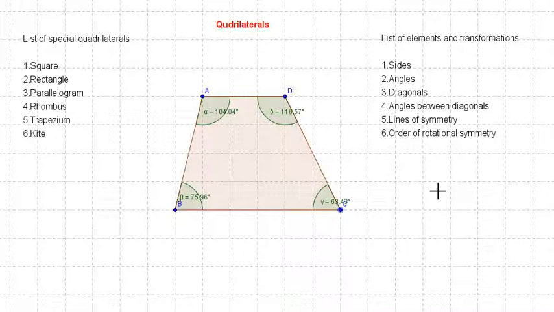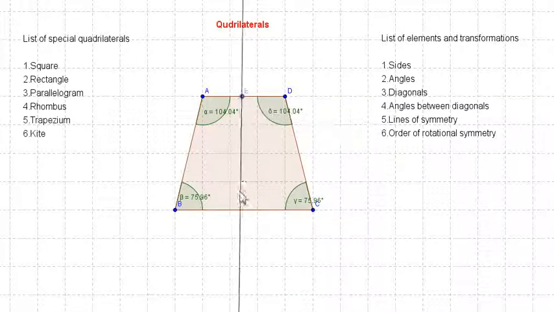It doesn't have any lines of symmetry in general, because there are special trapezia that might have a line of symmetry, and the order of rotational symmetry for a trapezium is 0. So now a special trapezium is an isosceles trapezium, and this shape has one line of symmetry.